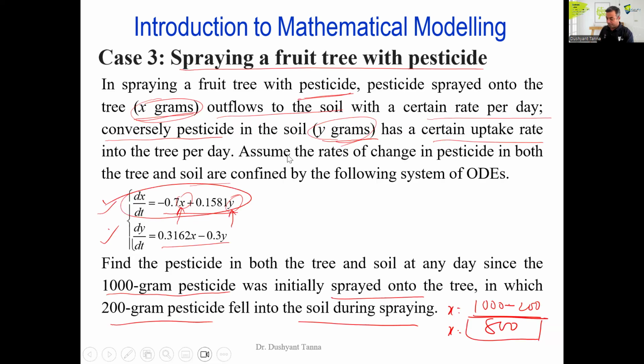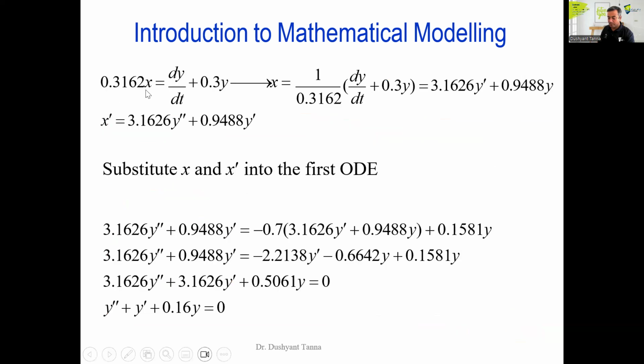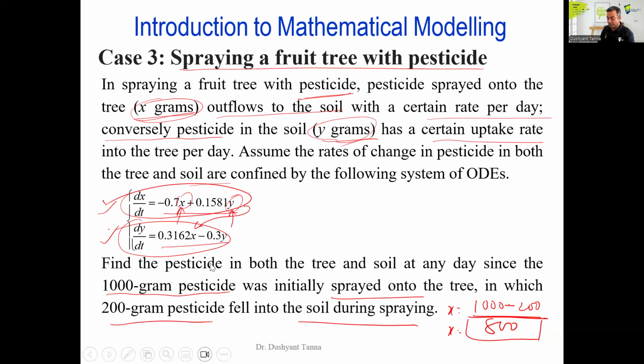Right, so what do we do? We try to solve the equation. Okay, so your x, we replace this up here. So dy by dt, which we call y dash, plus 0.3y, so it goes on the other side. If I solve this, we call it y dash plus 0.3y is 0.3162x, right?